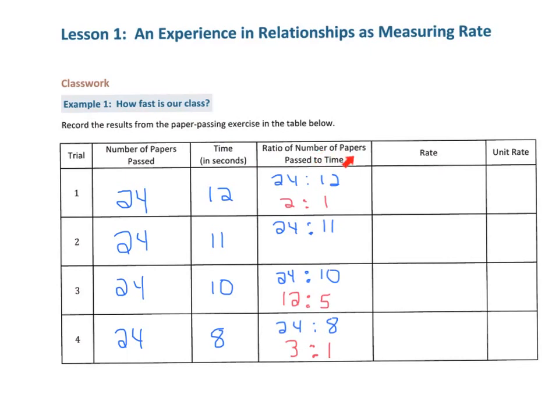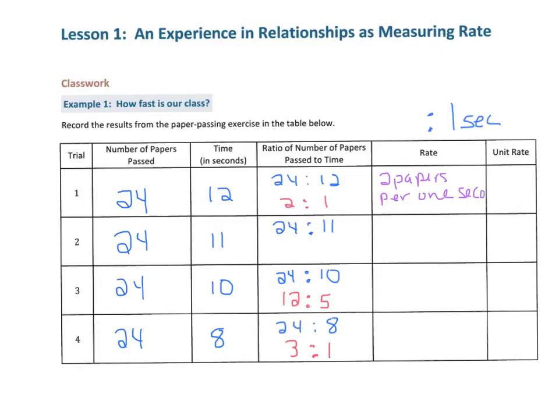So because we're talking about time, and this was measured in seconds, for the rate, we are trying to get the numbers so it's per 1. So how many papers can be passed in 1 second? So the rate for this first one, it is already simplified to a per 1, so it was 2 papers per 1 second.